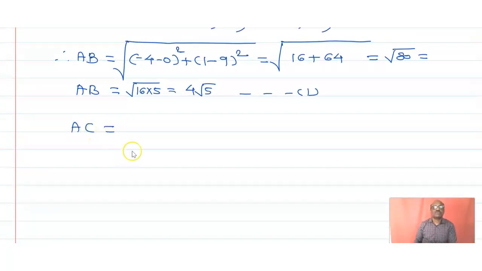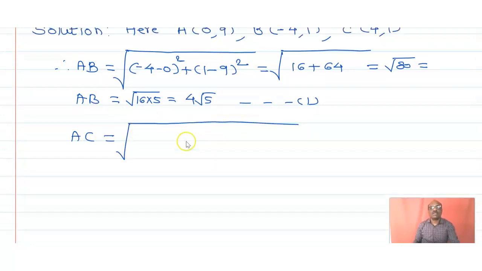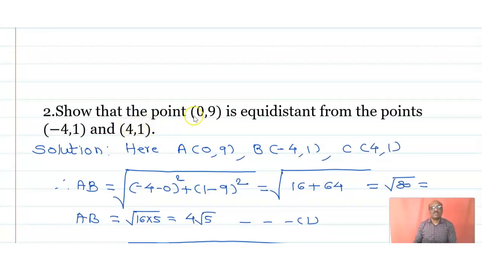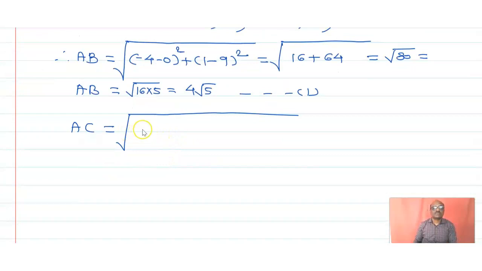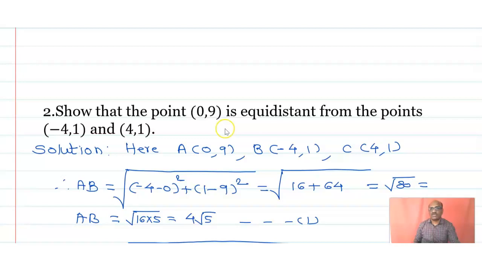AC is equal to root of, AC with points (0, 9) and (4, 1). That is, first is 4 minus 0, bracket square, plus 4 minus 0 bracket square.